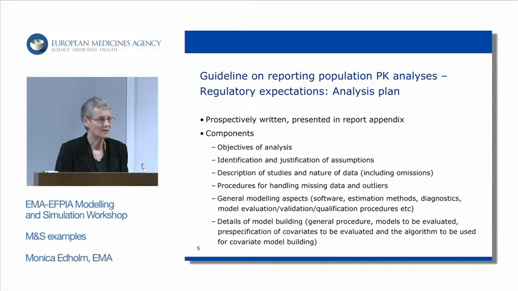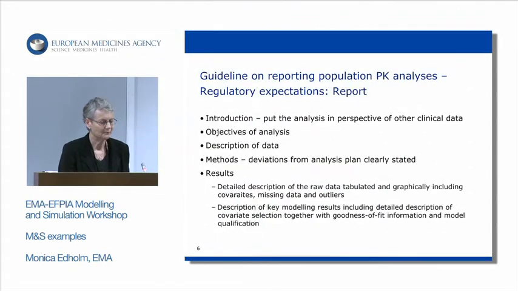So the regulatory expectations regarding the analysis plan are described in this guideline. The analysis plan should be prospectively written and presented in an appendix of the report. And the components of the analysis plan are listed, and I will not go through these because you can read them yourselves in the guideline. And when it comes to the report, this should obviously contain all the elements of the analysis plan, and any deviations from the analysis plan should be clearly stated.